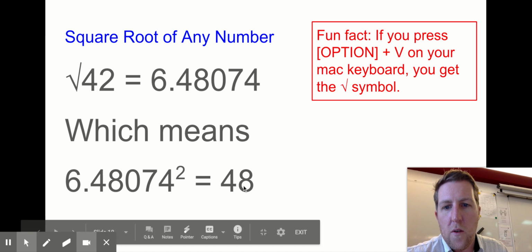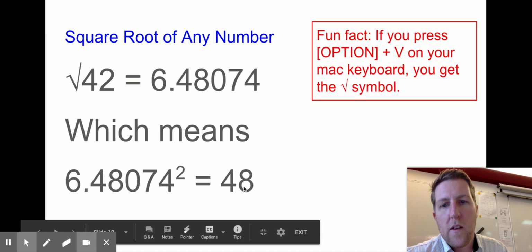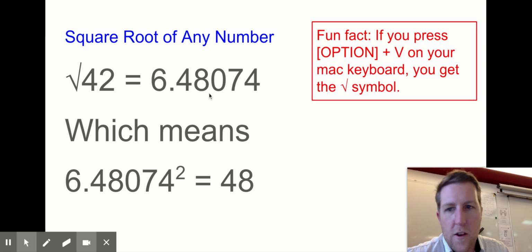What a typo. Maybe you can see the typo, it should be 42. Sorry. You would get 42. Okay, so squaring and square rooting are opposites, and you can do that for any number. You'll just get a decimal if it's not a perfect square.